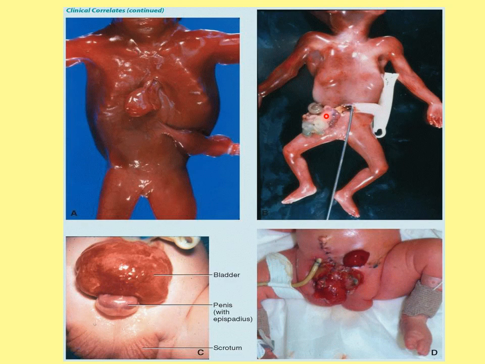Here you can see this is a gastroschisis, and gastroschisis and omphalocele you have studied before in general embryology, I hope. In gastroschisis, the intestines and all the abdominal viscera are exposed to the surface.